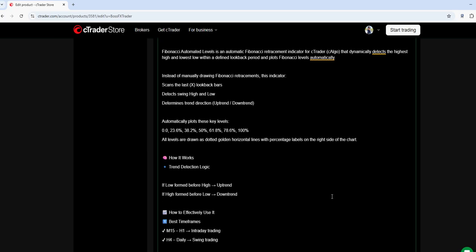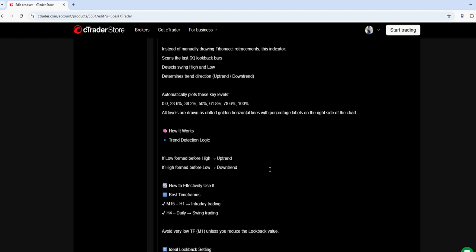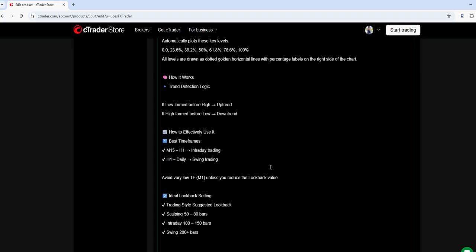Since this will automatically plot the key levels, the 0.0, 23, 38, 50, 61, 78, and 100%. All levels are drawn as dotted golden horizontal lines with percentage labels on the right side of the chart.